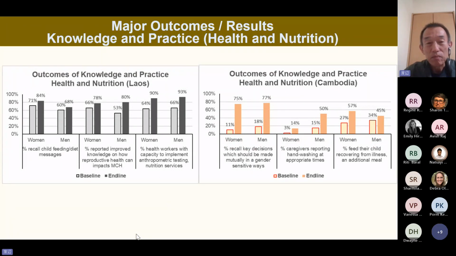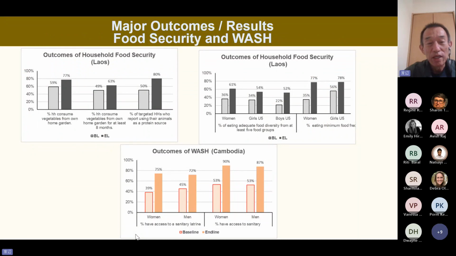Now this one is more specifically about the other outcomes on food security and WASH. In terms of food security, the upper two graphs show the improvement for different indicators in Laos. You can see clearly the very big increment in the proportion of households that have access to vegetable and animal sources, and also diversification of the diet and even frequency of feeding children.